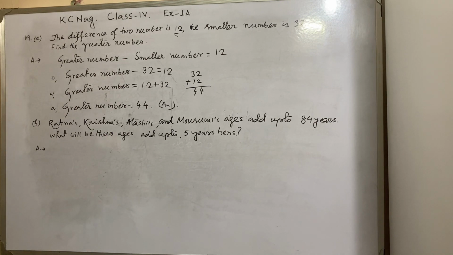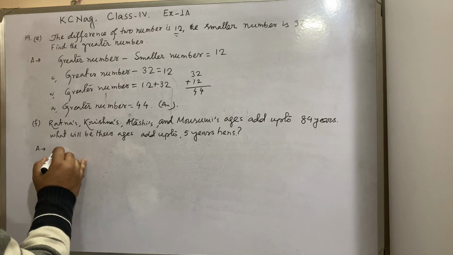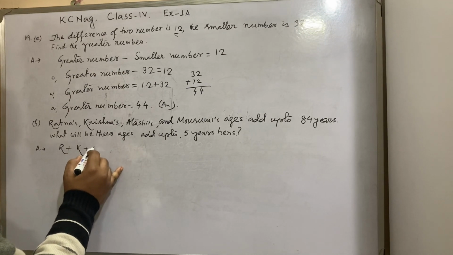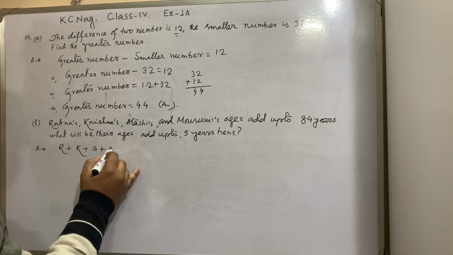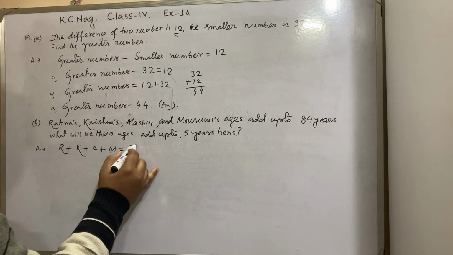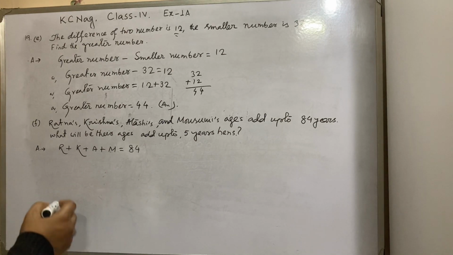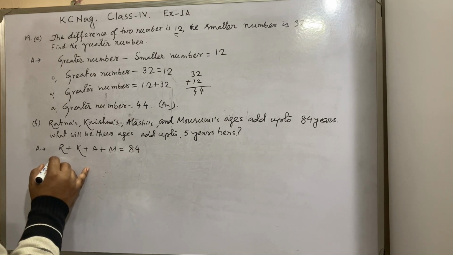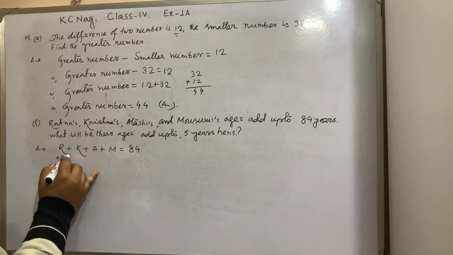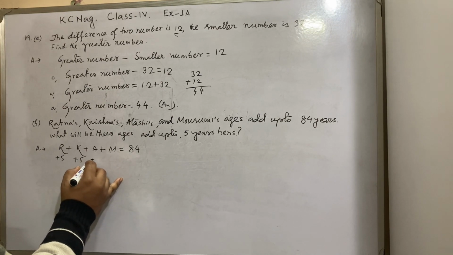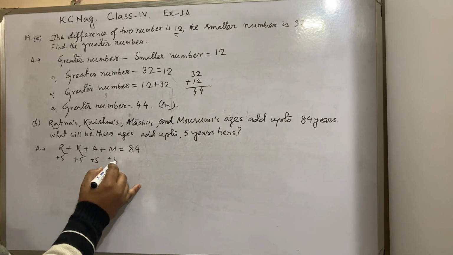What it says, the sum of their ages, Ratna plus Krishna plus Athasi plus Mausumi, is 84. Now, it asks what will their ages add up to 5 years hence? After 5 years, Ratna will be 5 years older, as will Krishna, Athasi and Mausumi.